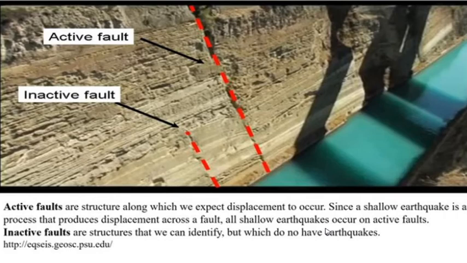Okay? Let's talk about active fault and inactive fault. Ano pa kayo dalawa? Active faults are structures along which we expect displacement to occur. Since a shallow earthquake is a process that produces displacement across the fault, all shallow earthquakes occur on active faults. Yan po. And inactive faults are structures that we can identify but which do not have earthquakes.